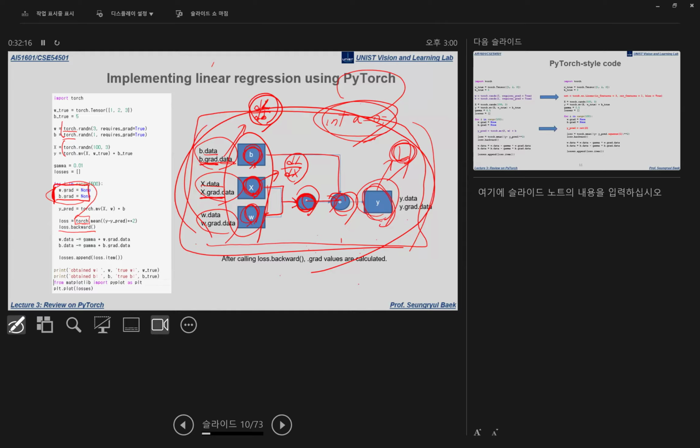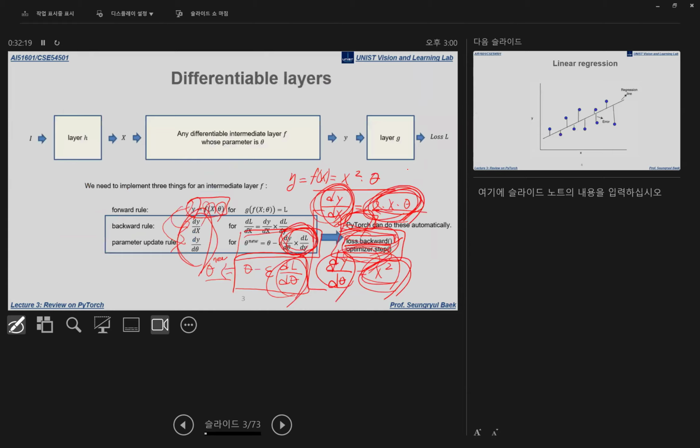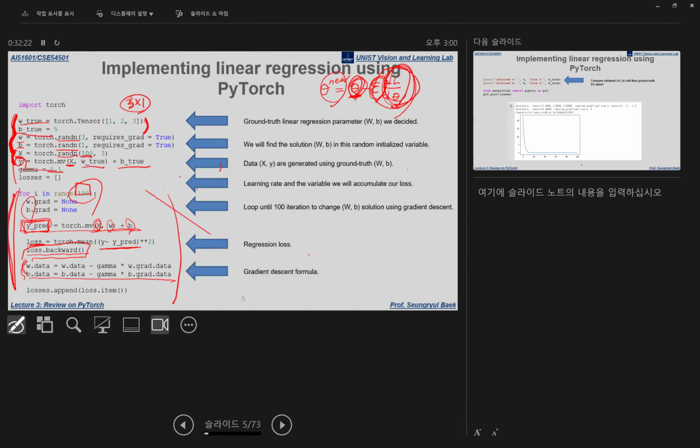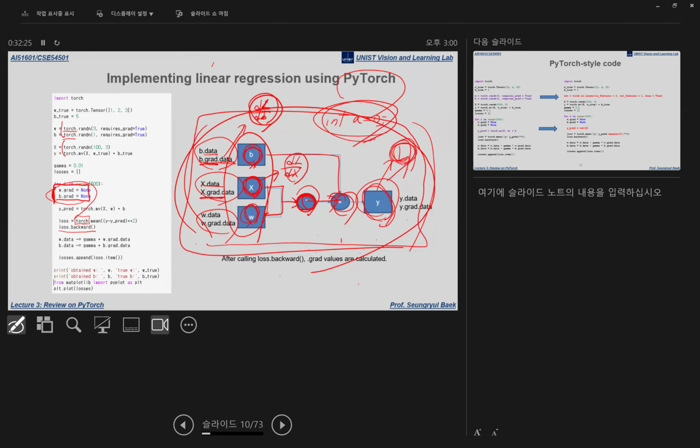So, using that and using the backpropagation algorithm that we learned last time, where I showed you how computers calculate the differentiation for deep stacked layers step by step from the last node to the initial node, you already learned about that.